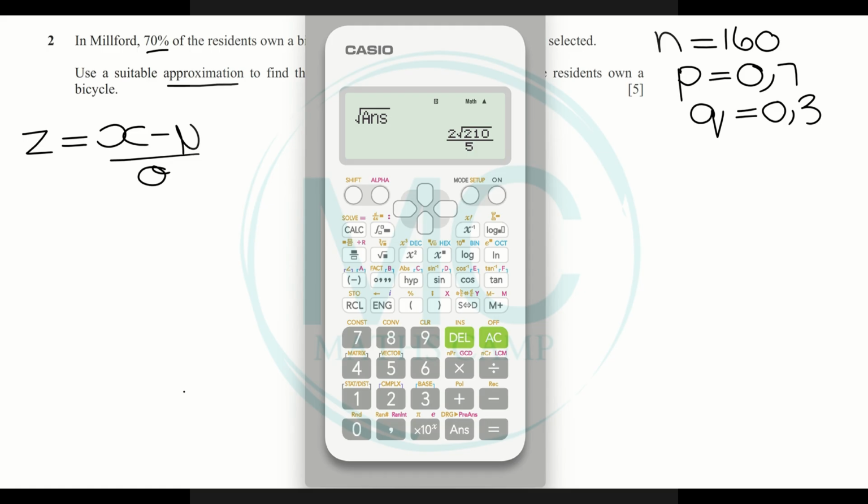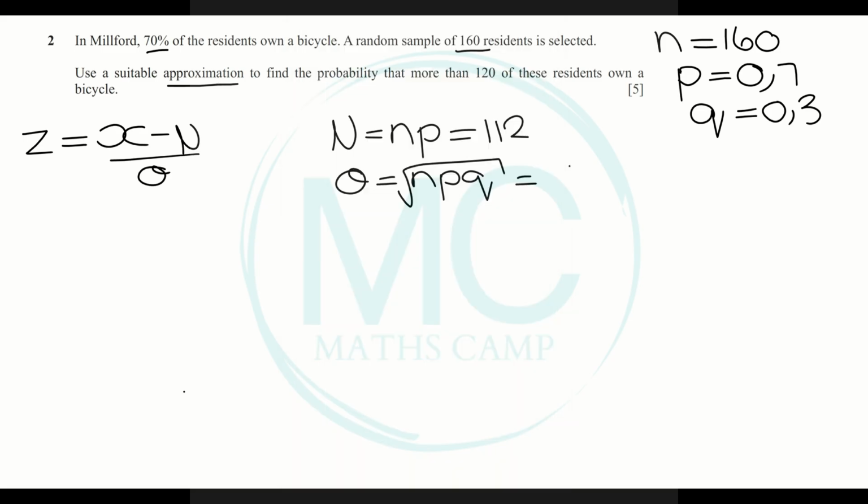This is a very complicated root with a fraction, so I'm going to square this back to our original value. And I'm going to write our standard deviation as 168 over 5 under a square root.